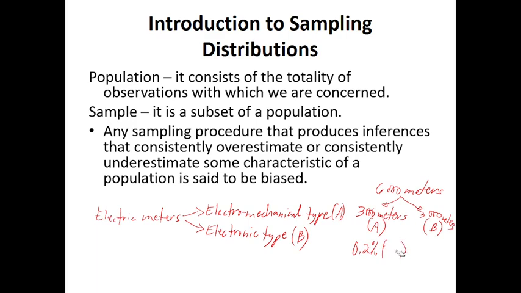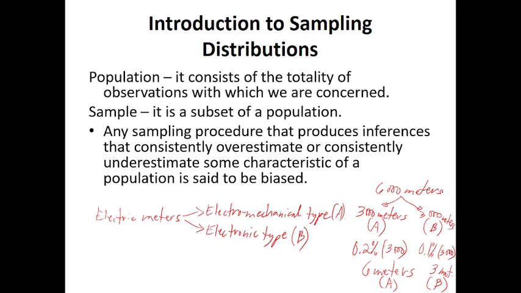What is 0.2% of 3,000? That's about 6 meters. That is type A. And for type B meter, you decided to take 0.1% of those 3,000 meters and you will get 3 meters. Now as you notice, there are more electromechanical type meters you have selected than electronic type meters.